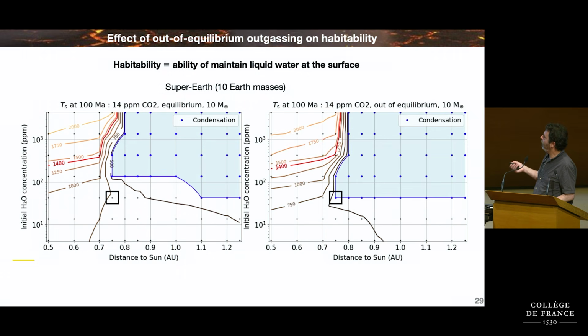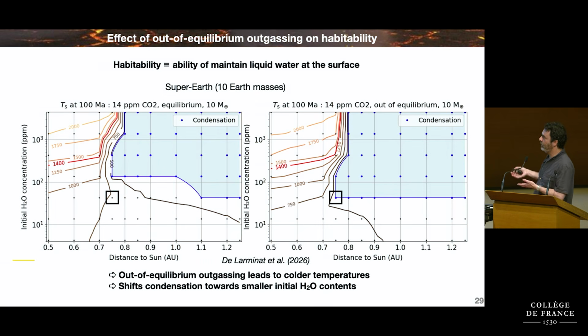Now you do the same thing, everything being equal, except for the case of non-instantaneous outgassing, and you see that this habitable area, let's say, has been enlarged because basically, as we've seen before, non-equilibrium outgassing can drive the temperature to colder states, which are more favorable to condensation of water at the surface. So this shows that even though these are preliminary results, out-of-equilibrium outgassing can contribute to planetary habitability.